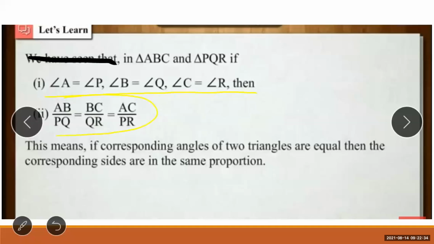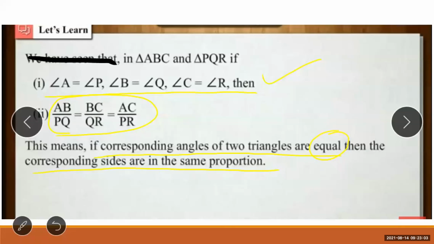The relation is that if the corresponding angles of two triangles are equal, then we can definitely say that the corresponding sides are in the same proportion.